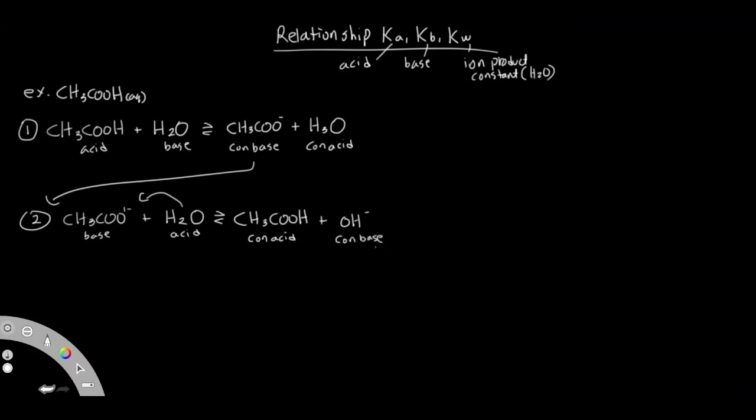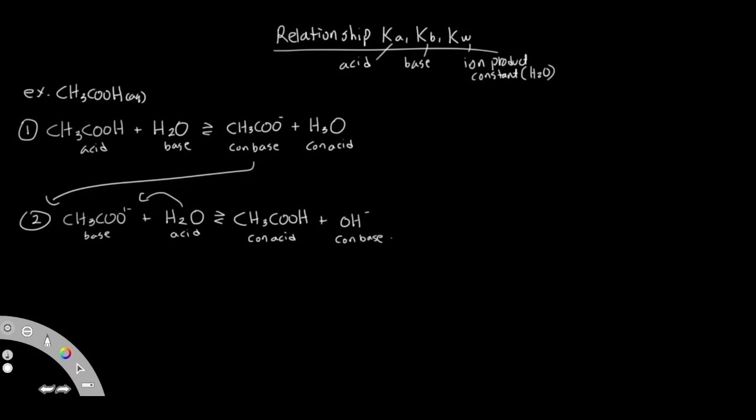Again, remember, a conjugate base is whatever is formed after that H has been removed. Okay, so now that H has been removed, now it's labeled as the conjugate base. Just like over here that H got removed, it's now labeled as the conjugate base. Now, we're just going to get the Ka and the Kb of each one. What do I mean by that?